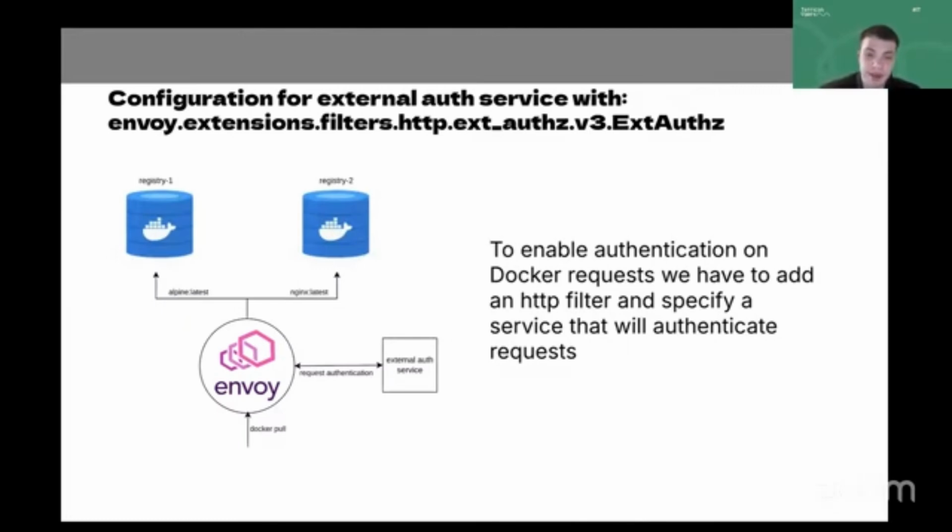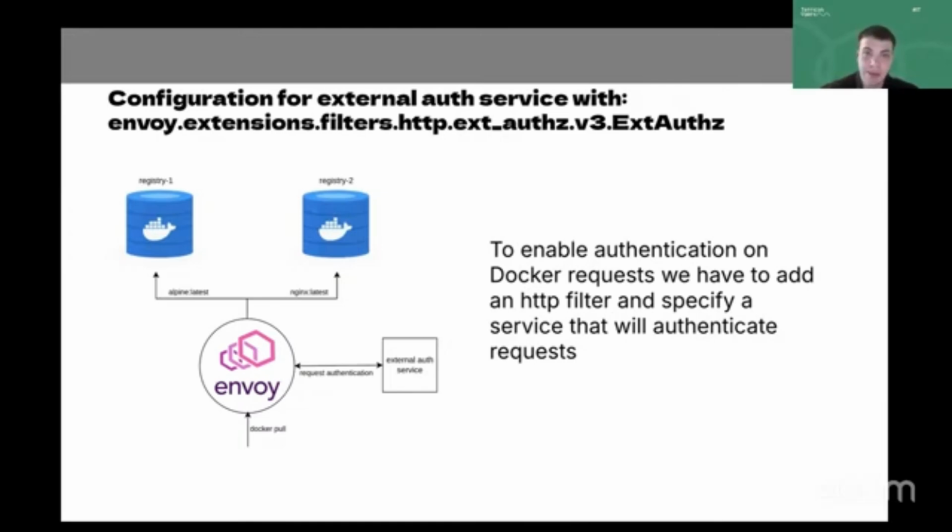A bit earlier, I talked about how we need to authenticate the traffic, and how do we want to achieve that? Of course, you can implement authentication logic in your registry backend code, but these backends can be very different from each other, and you will have to implement this logic in every backend.